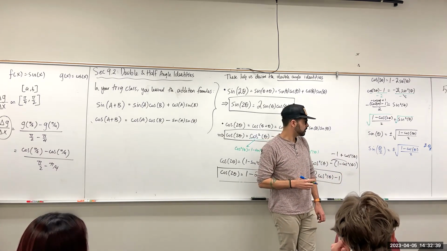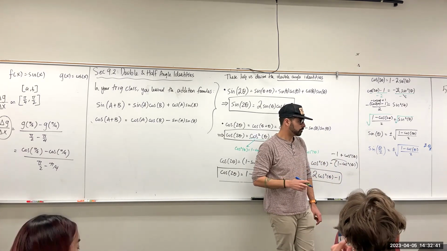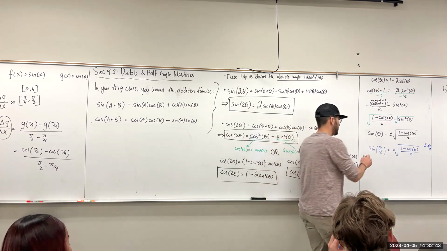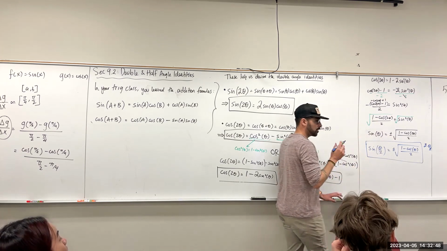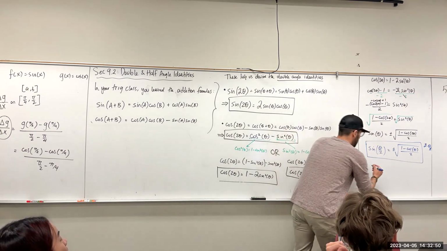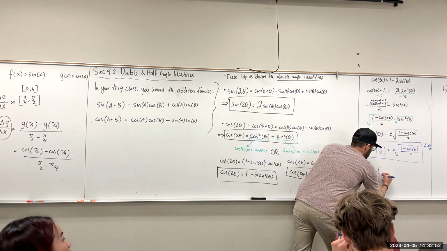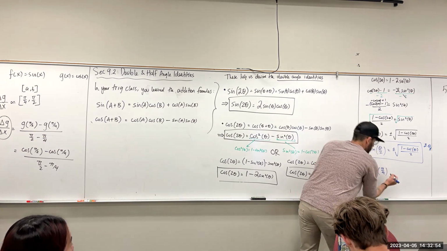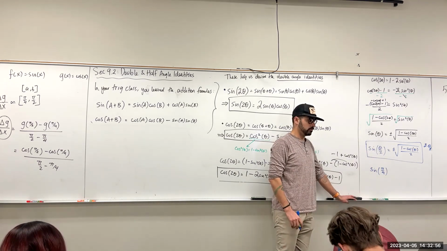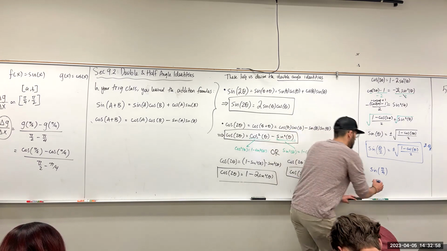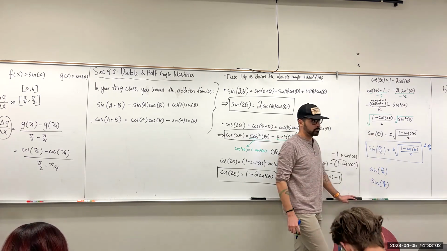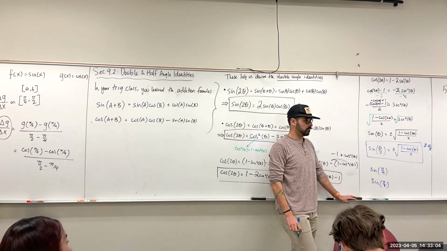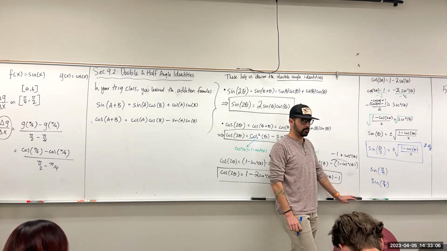Okay. What's the purpose of this? Great question. We're about to do that in a little bit, but basically, you guys know how to do sine of pi over 4, right? With the unit circle. But do you know how to do sine of pi over 8? You don't know that yet. The unit circle didn't help us with that.